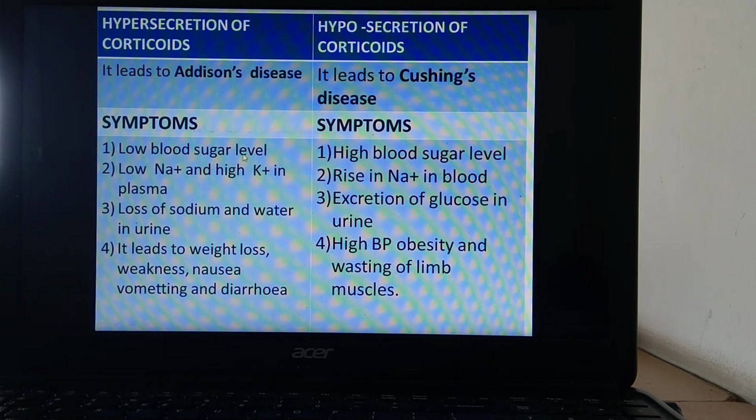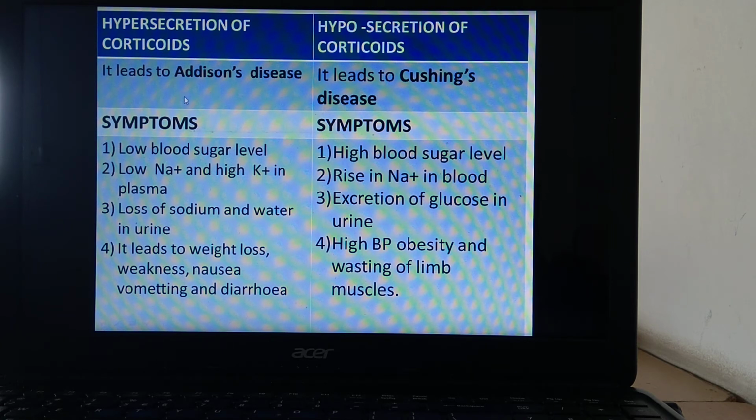There will be low blood sugar level, there will be low sodium and high potassium in plasma. There will be loss of sodium and water in urine, and it leads to weight loss, weakness, nausea, vomiting and diarrhea. If you remember the normal functions of corticoids, then you can keep in mind very easily these symptoms of Addison's disease.